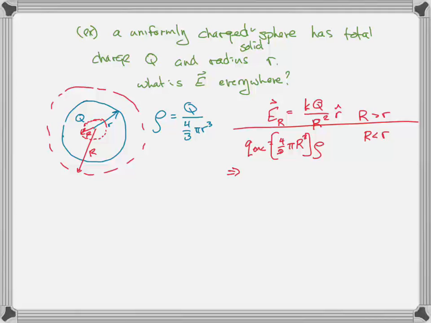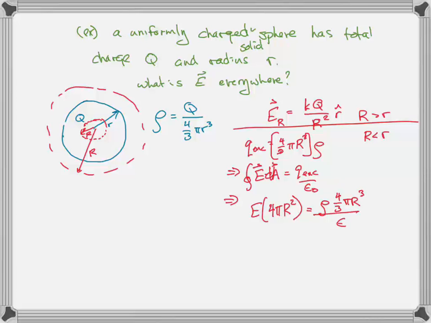we can use Gauss's law to simply say E dA, we can skip all the steps getting up to E dA because it's just spherical symmetry. Really we should do E dot dA equals charge enclosed over epsilon 0. So E times the surface area of that sphere, 4 pi r squared, equals the charge enclosed, which is rho times 4/3 pi r cubed, divided by epsilon 0.